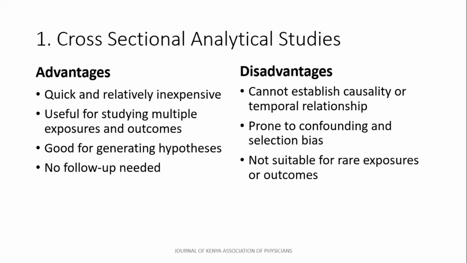They're also not very ideal for rare exposures or outcomes because it's just a snapshot at one point in time. So we stand a risk of missing out on maybe rare cases or rare exposures entirely.